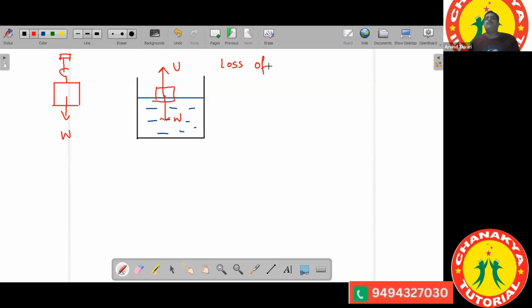That loss of weight should be equal to the weight in air, which we denote by W naught, minus the upthrust, since upthrust is what acts in the upward direction.